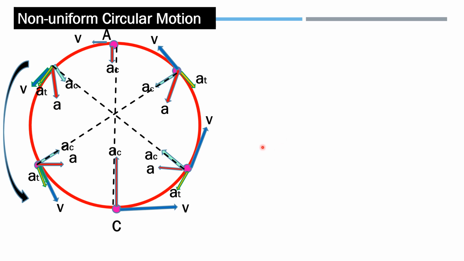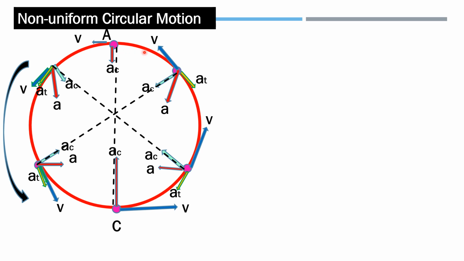I have chosen just point A and point C. These are the two arbitrary points we are going to analyze and compare, to see what we can say about the different quantities, for example, the tangential velocity, the centripetal acceleration, and so on.